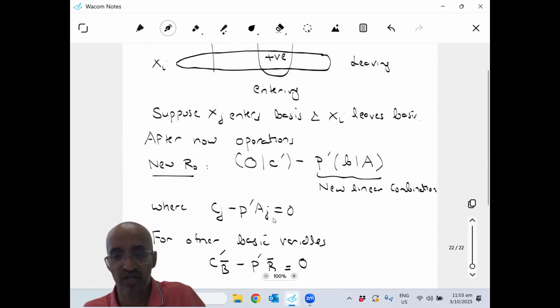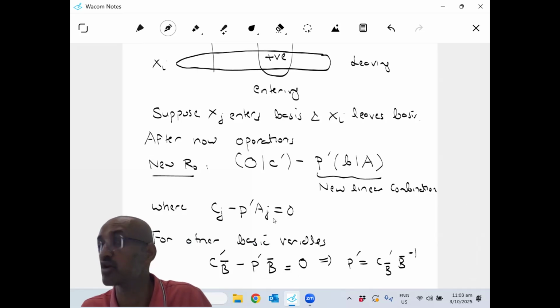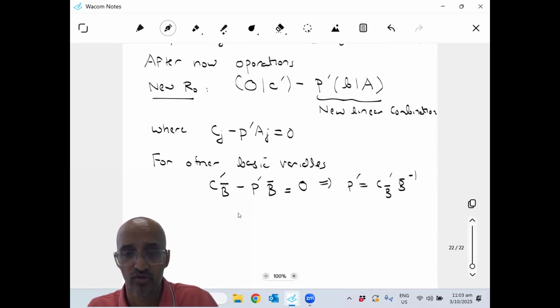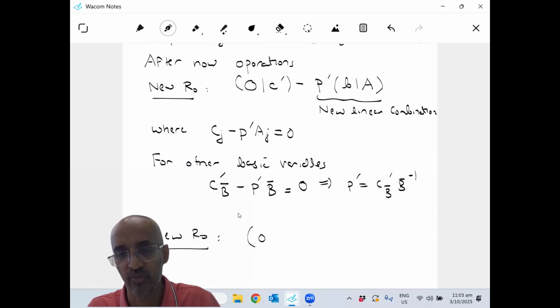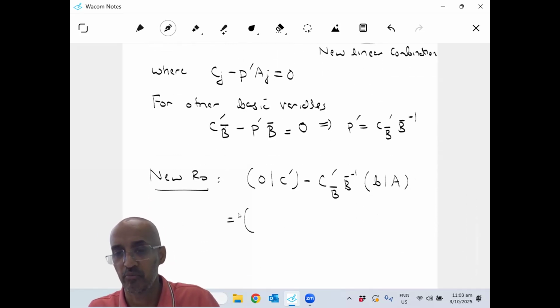Which means that this P transpose is CB bar transpose B bar inverse. So my new row naught is simply zero C transpose minus CB bar transpose B bar inverse BA.